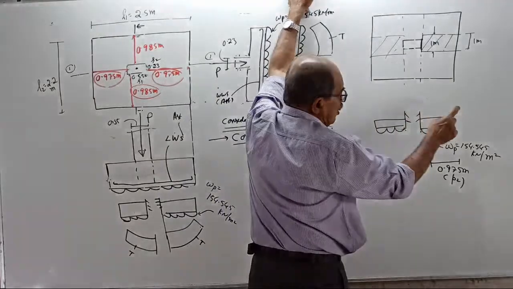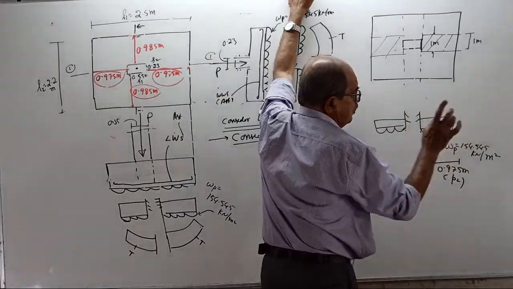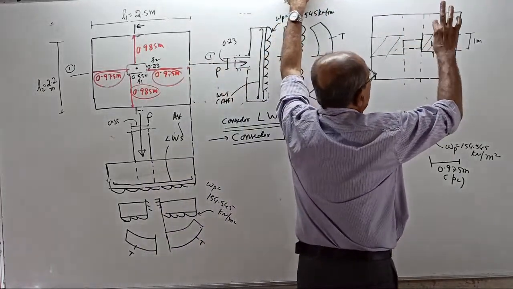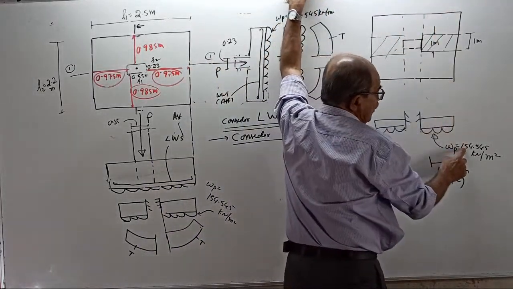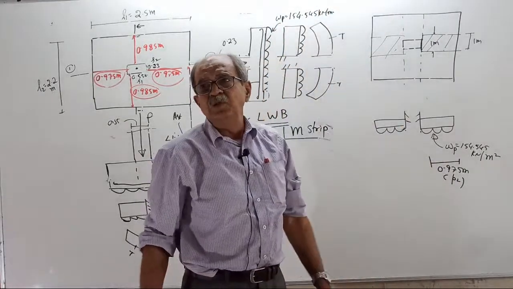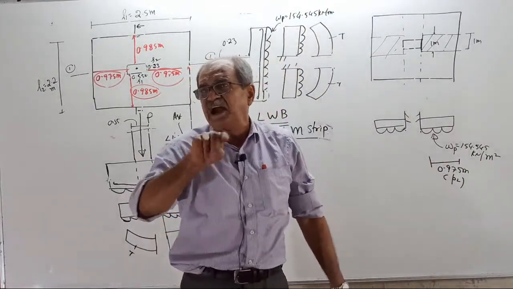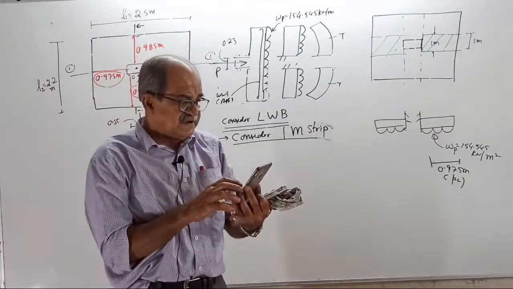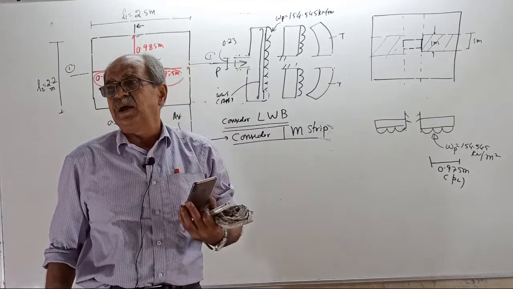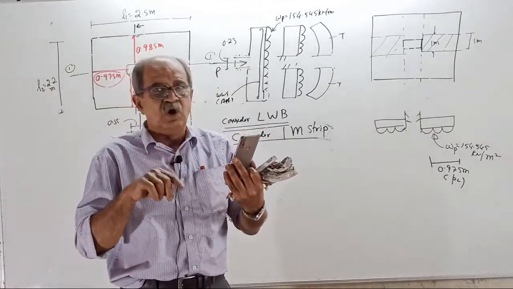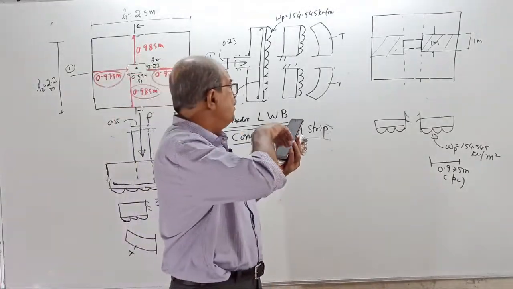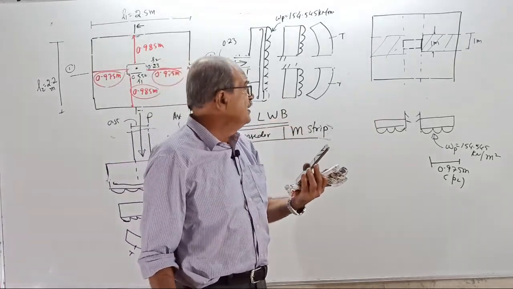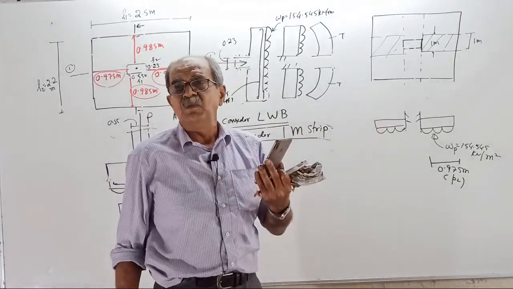Even though we write load 154.545 kilonewton per meter square, the moment you take a 1 meter strip, this 154.545 kilonewton per meter square will suddenly change over to what? Tell me. When you consider length along the span, that kilonewton per meter square will become, fast, kilonewton per meter.